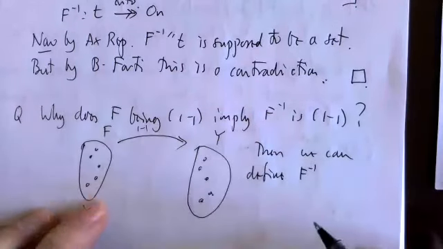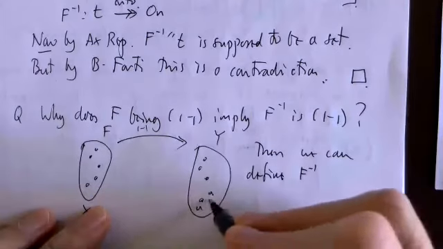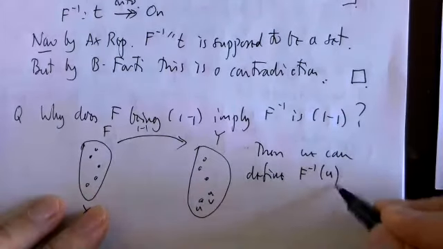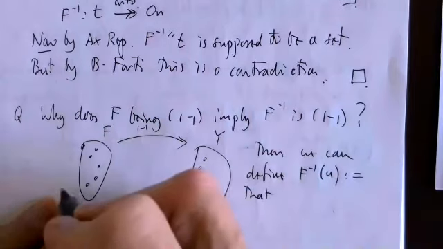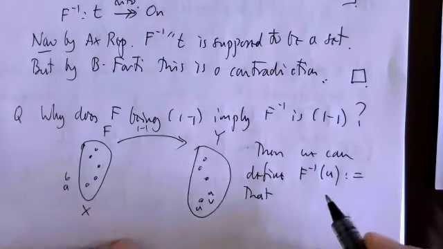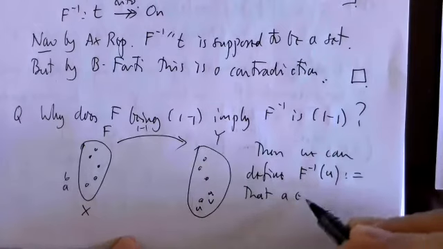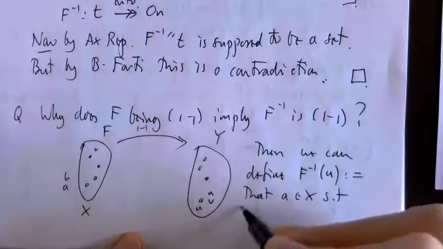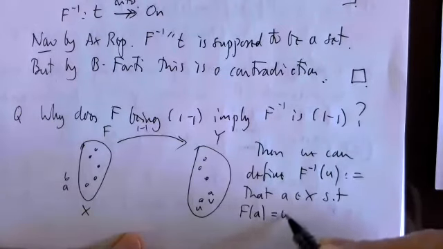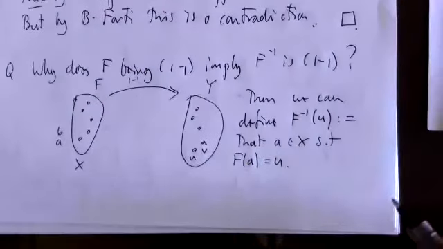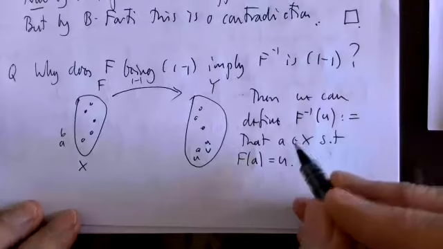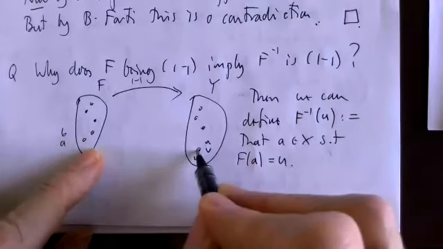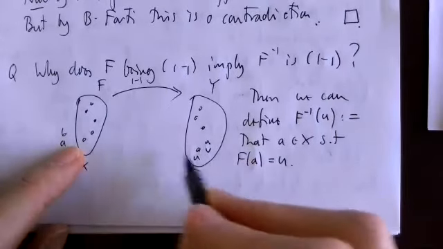So we can define f to the minus 1 on some u and v, that is a or b. Because only one thing gets sent to u, there's only one a that it comes from.